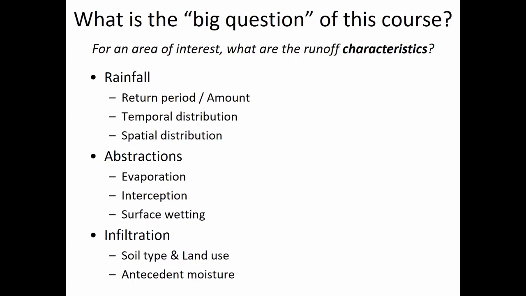And so the rational method says that there's some C value, and all of the losses are lumped into that C value. But if you look at a table of C values, the main factor that it accounts for is differences in soil type and land use. Those tables are saying, you know, a grass surface versus a pavement surface, or roof area versus crops of some sort.